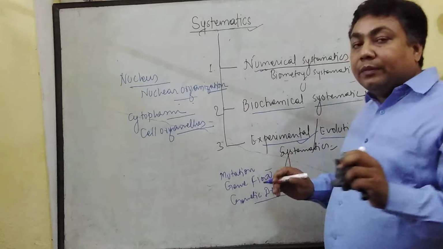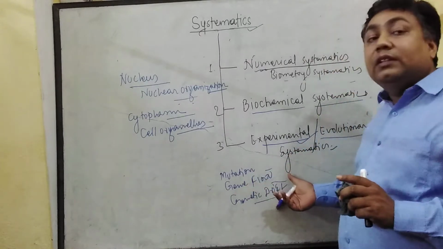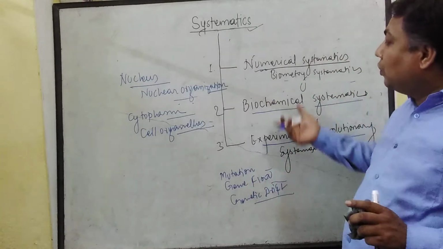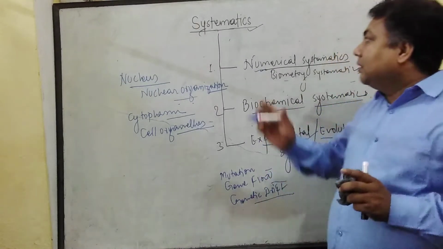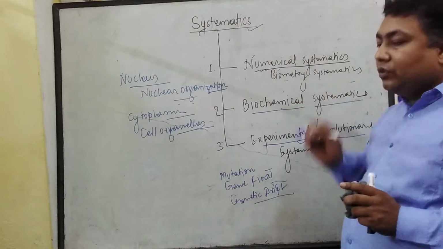Experimental systematics uses these traits. So on the basis of the traits used, systematics is divided into three forms.